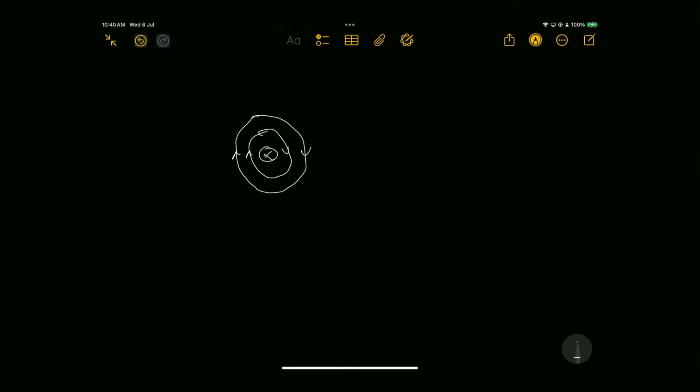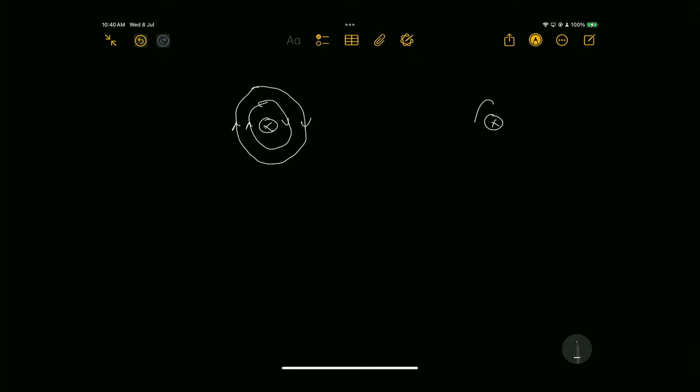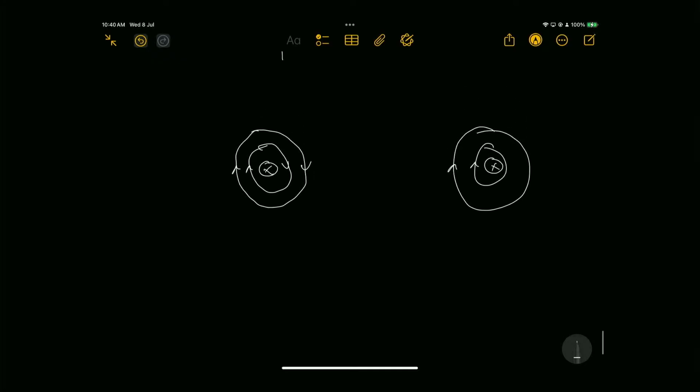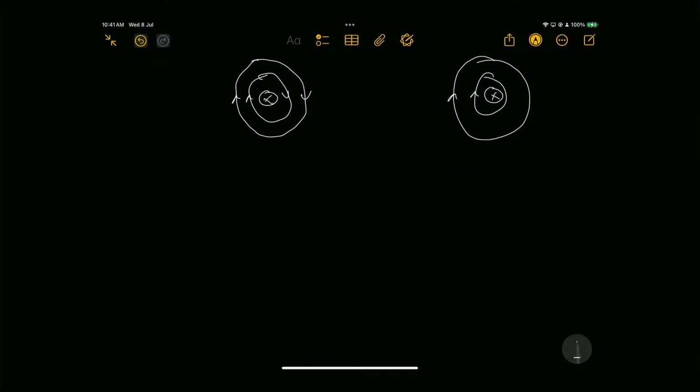Now, if we have another wire also carrying current into the page, so we bring another wire with the same direction of current, the magnetic field would now be drawn like this, right? Someone had asked a question before about diagrams.